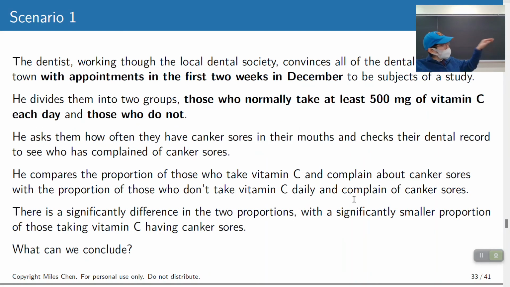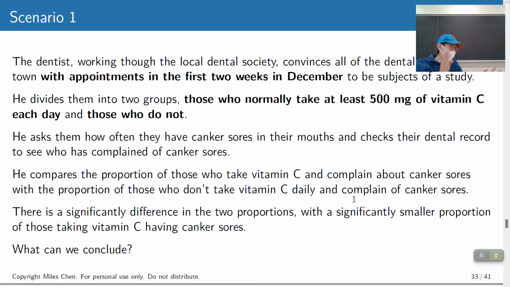And so our first example, we say, all right, the dentist finds all patients with appointments in the first 2 weeks of December to participate in our study. We ask them, do you take vitamin C supplements? And those who don't take vitamin C supplements.